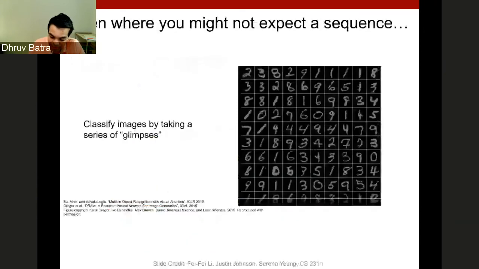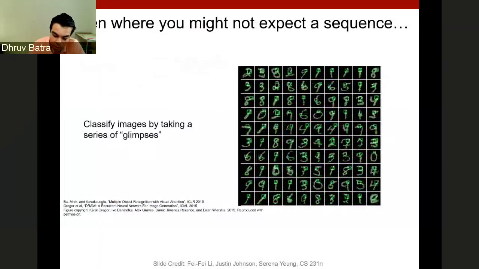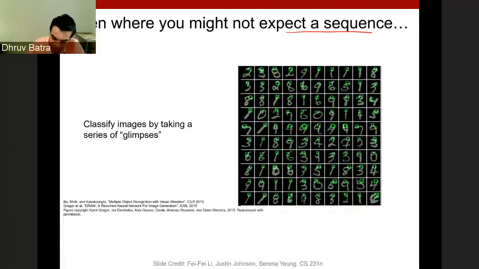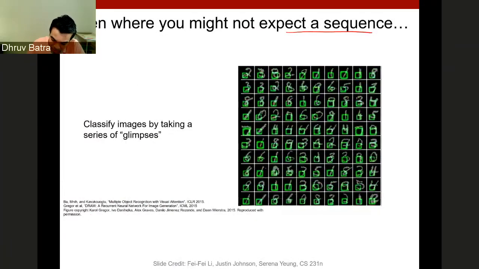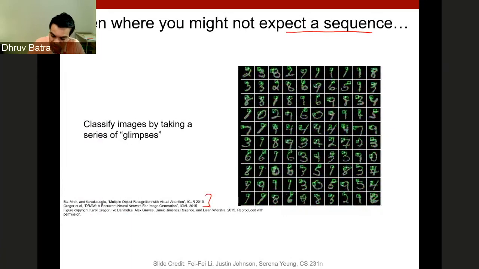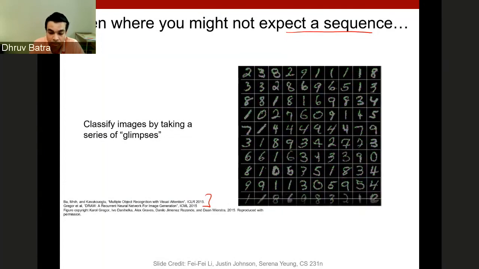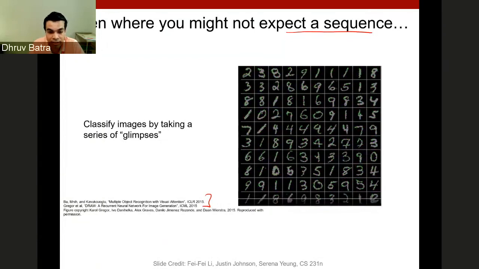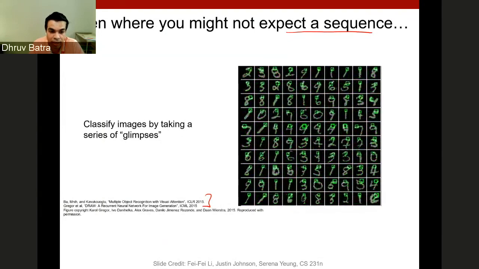And sequences show up even where you might not expect a sequence. This is a sequence of experiments done by the authors of these papers listed here, where they are trying to make a prediction about what character this is, but instead of reading in the entire character as an image, they train a biologically inspired glimpse model where you get a sequence of crops of the image.